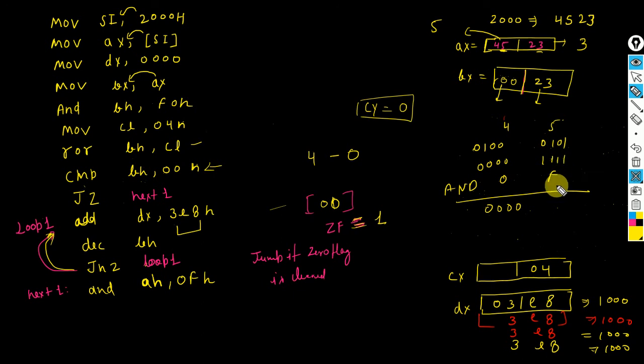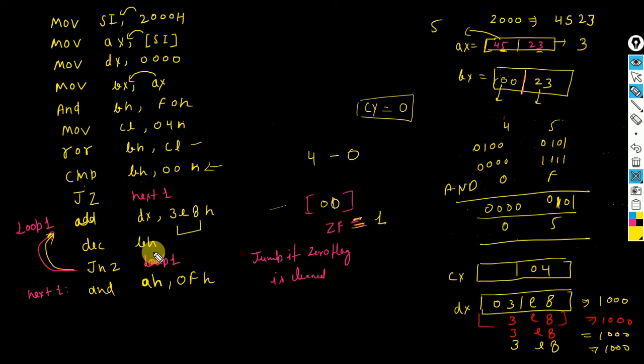So here both bits are high, we get 1, and here also we get 1. So this is your 0 and 5. In this case we get 5 in the unit place, so there is no requirement of a ROR operation. Move to the next instruction.